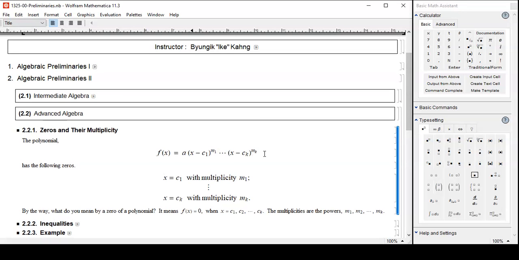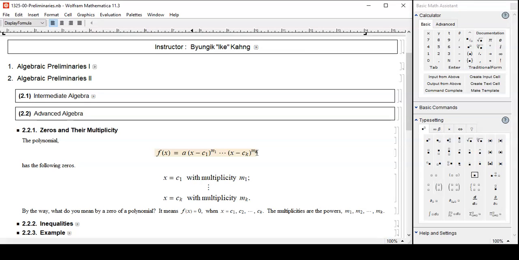Let's begin with some terminologies. If you have a polynomial expression like that, and this expression has k zeros, c1, c2, c3, all the way over to ck, because they are k linear factors.